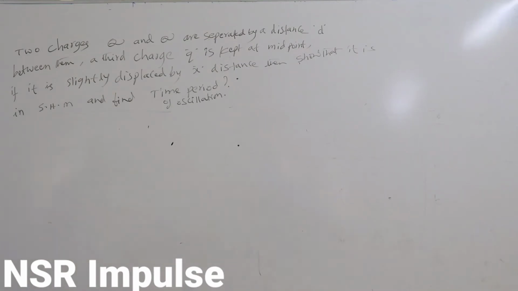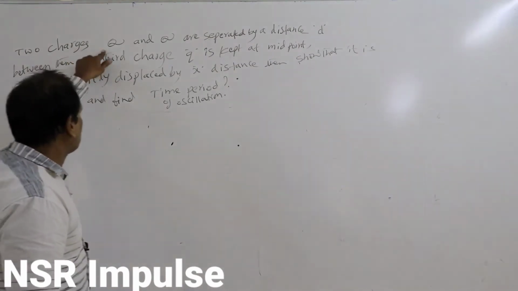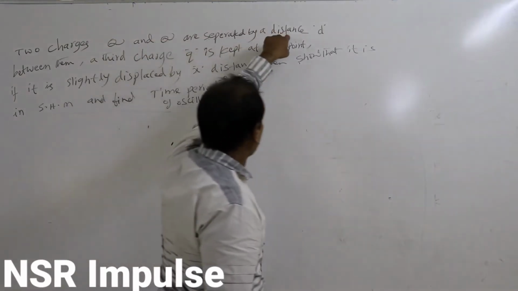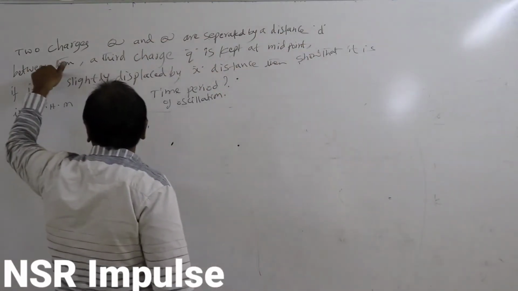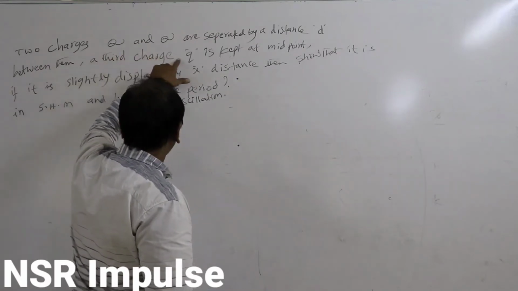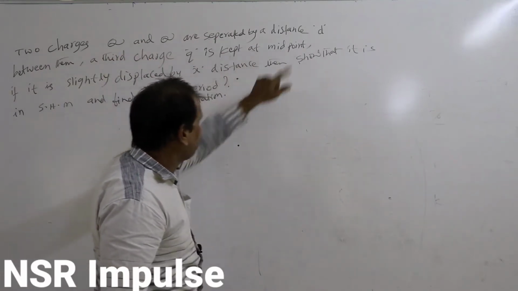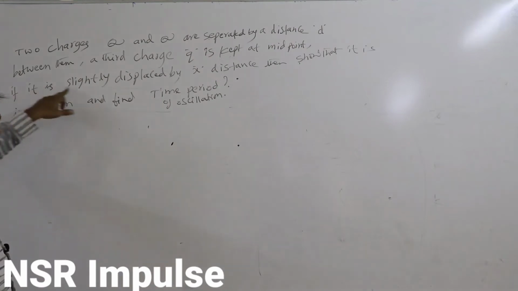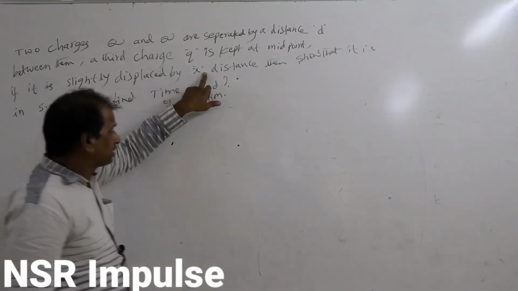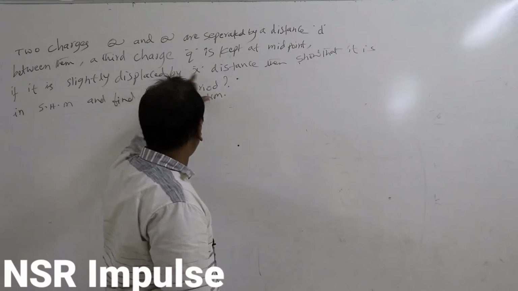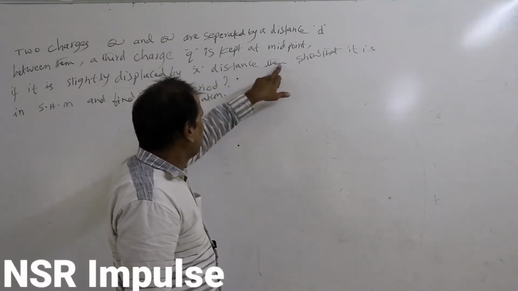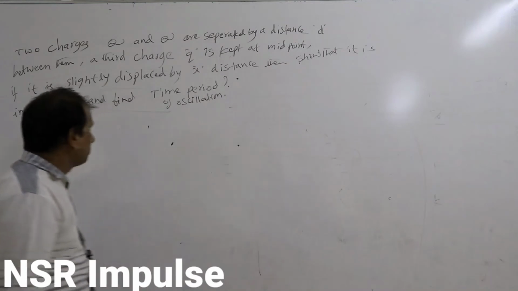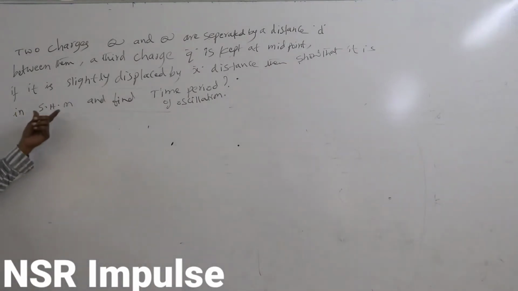So what is the problem given to you? Two charges Q and Q are separated by a distance d between them. A third charge Q is kept at the midpoint. If it is slightly displaced by a distance x, then show that the small charge Q is in SHM and find the time period of oscillation.